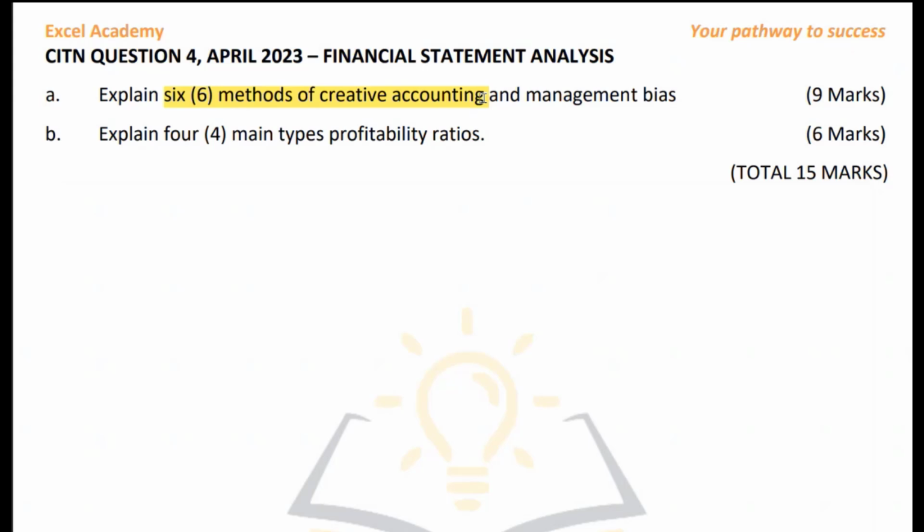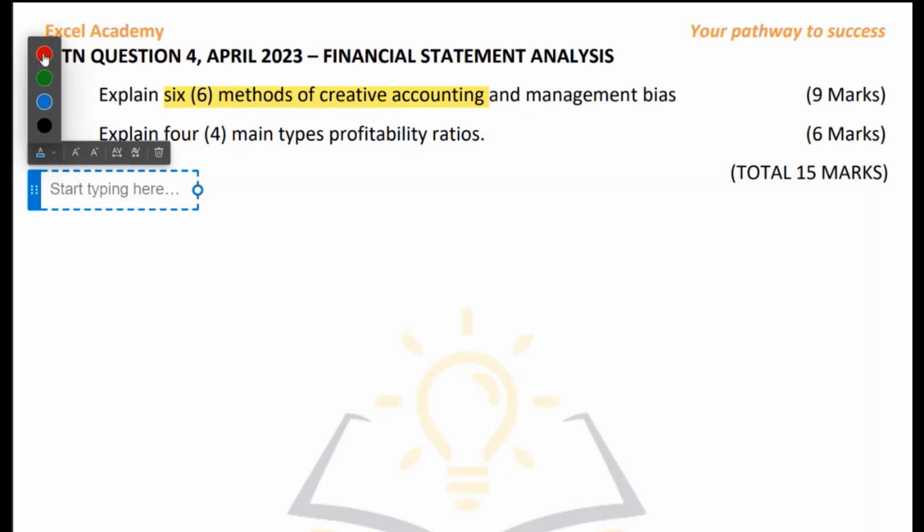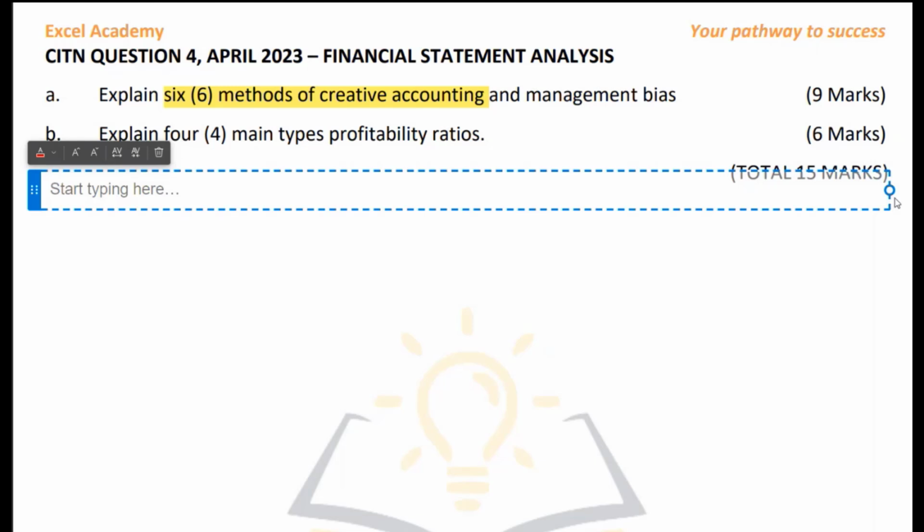Creative accounting here is all about manipulating the financial statement. The financial statement can be manipulated in such a way that it will still be in accordance with the accounting standards. That's why it's creative, but it's wrong. It's not the right thing that's supposed to be done.